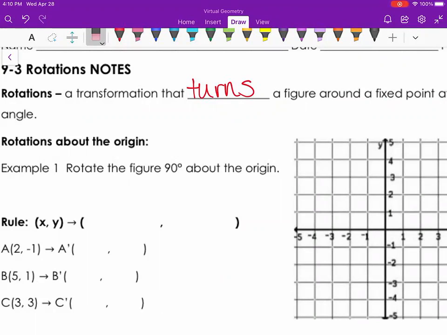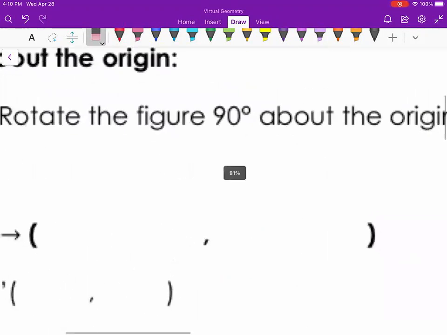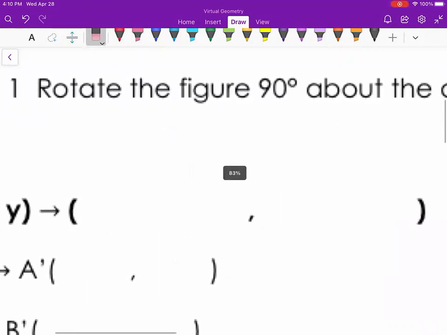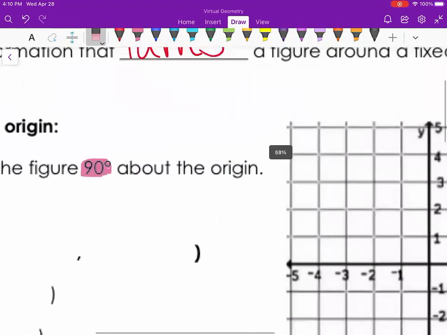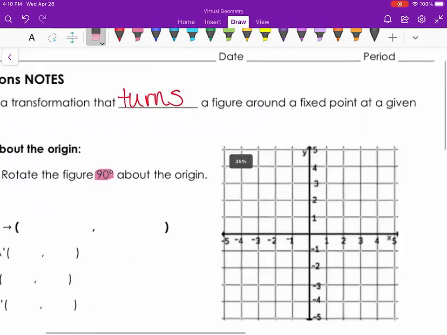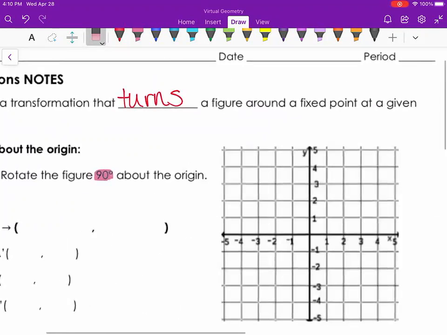So let's check out our first kind of rotation, which is to rotate a figure 90 degrees. So there's our clue there, 90 degrees about the origin. Now, before we specifically get into rotations, which way do we rotate 90? Do we rotate to the left or do we rotate to the right?